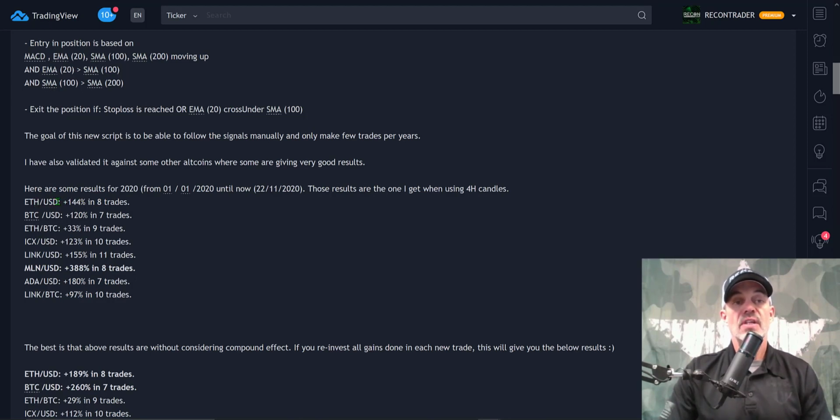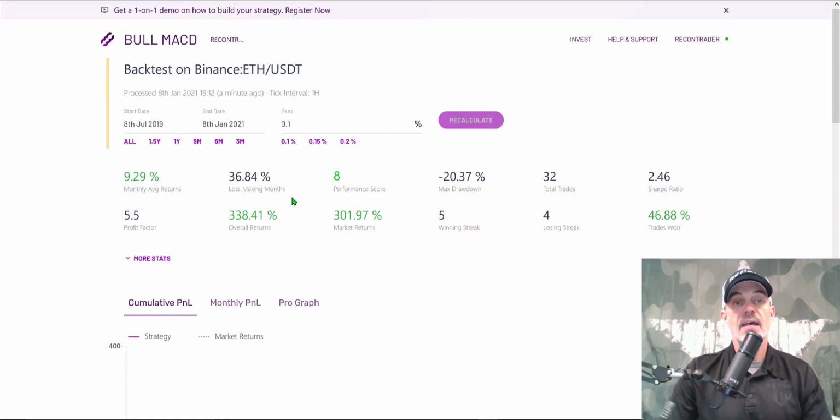So it was ETH USD at 144%, and he had 8 trades. And BTC was up 120 and 7 trades. And he was using 4-hour candles, where in my example, I used 1-hour candles, ETH USDT on Binance. And for the 1-year results, from January to January, my returns would have been 400%.